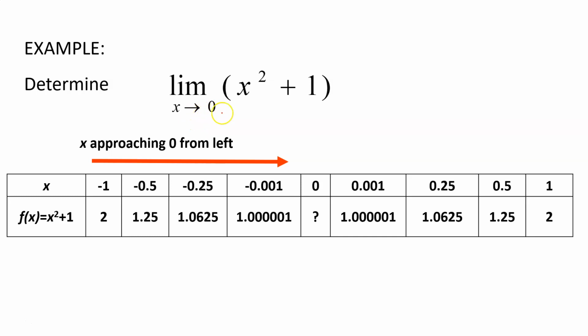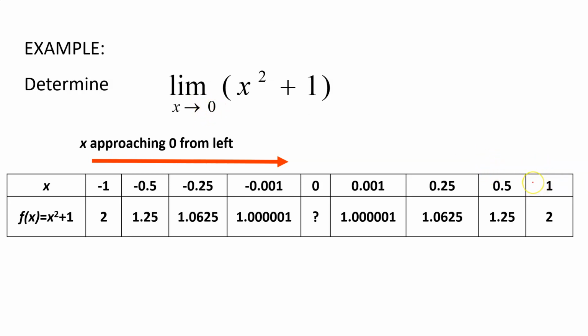So when x approaching 0, you can have two cases. The first one is x approaching 0 from the left, where the x values start from the negative values: negative 1, negative 0.5, negative 0.3, negative 0.001, up until it is closer to 0. That one is from the left. But you can also approach 0 from the right.